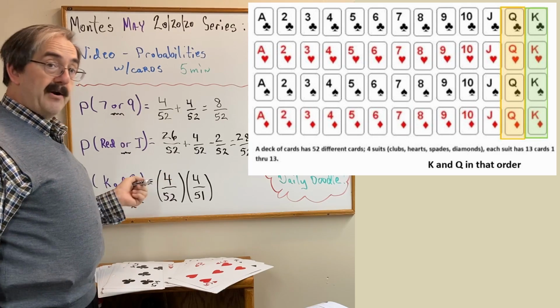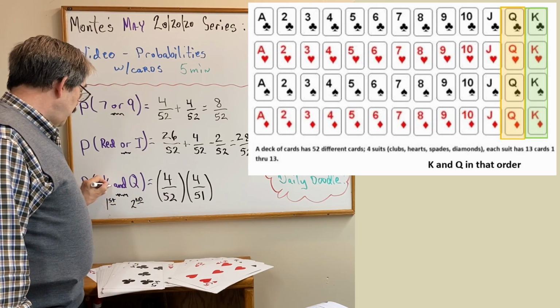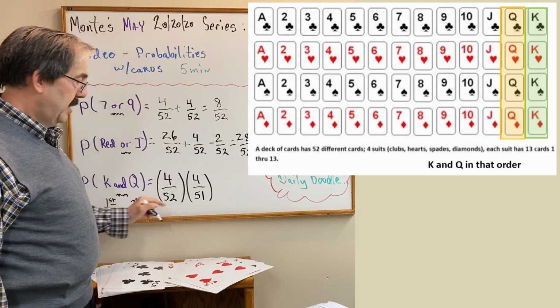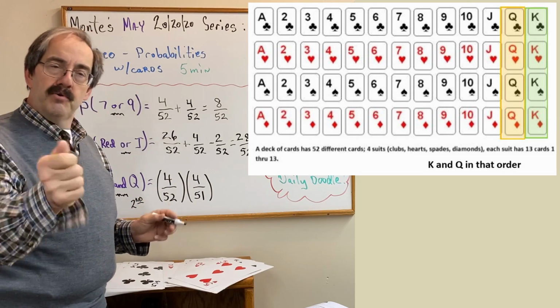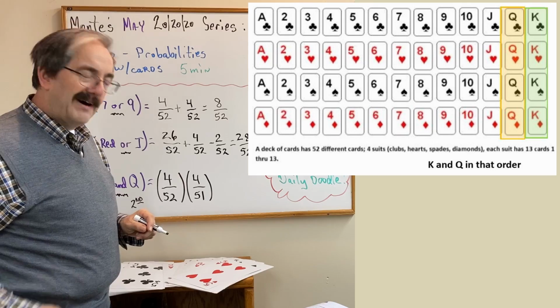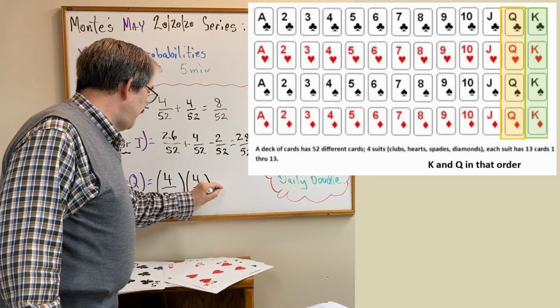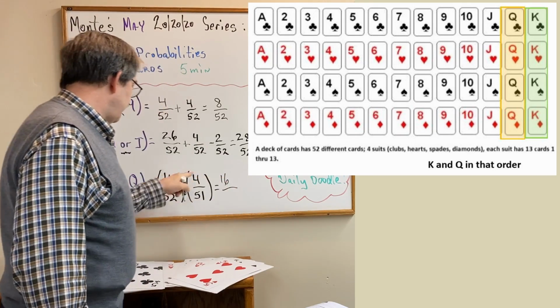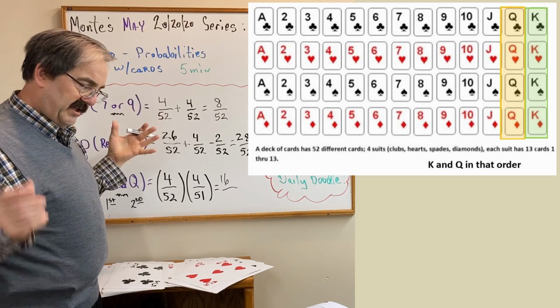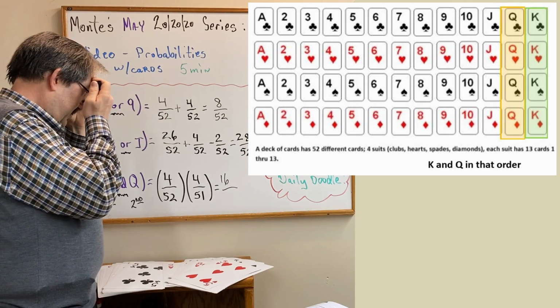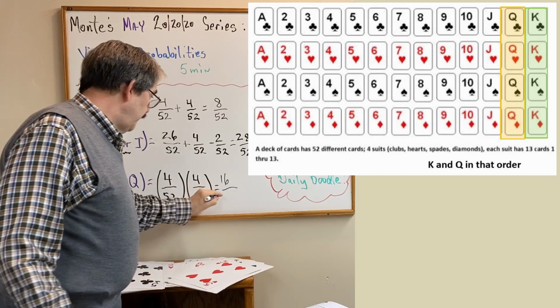If it didn't matter, king or queen, queen or king, then this is tweaked just a little bit. Okay? So it's how you interpret the words. All right. So let's just do that math. We got 16, 4 times 4 is 16, and 52 times 51. 2652.